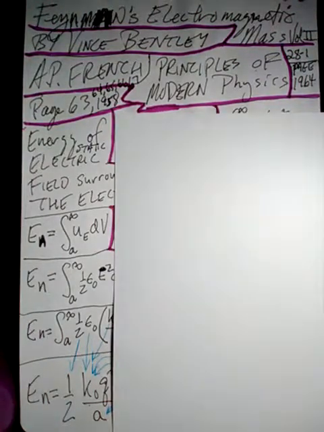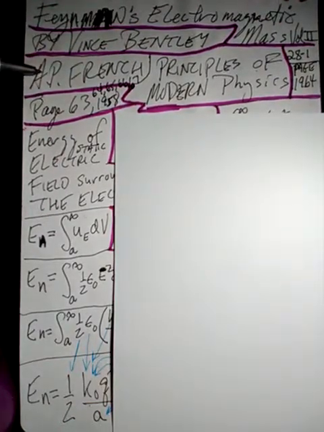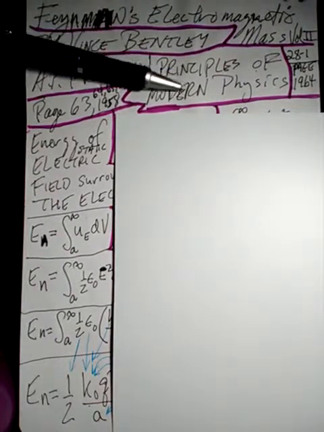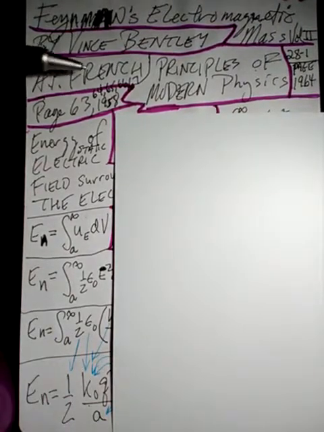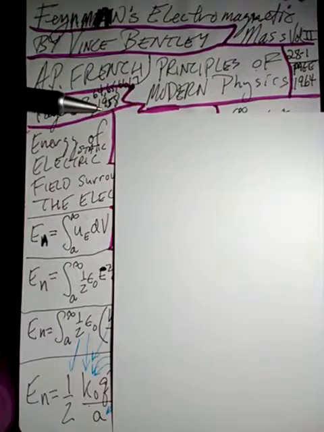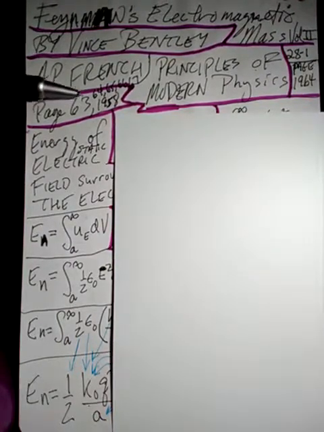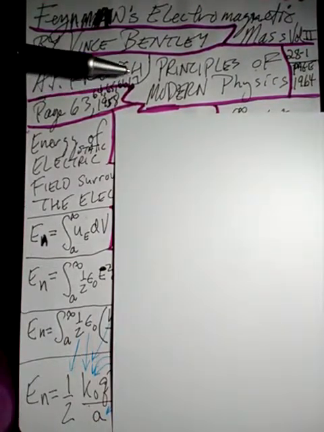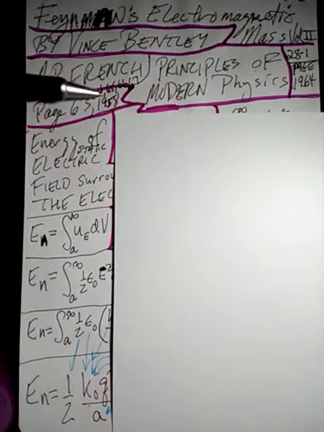It turns out that actually the first time I saw it, though, was in this, not that I'm this old, but I have old physics books. A physics book called Principles of Modern Physics by A.P. French, published in 1958, on pages 63, 64, 65, 66, and 67. He did it about 6 years earlier than Feynman when he published them.